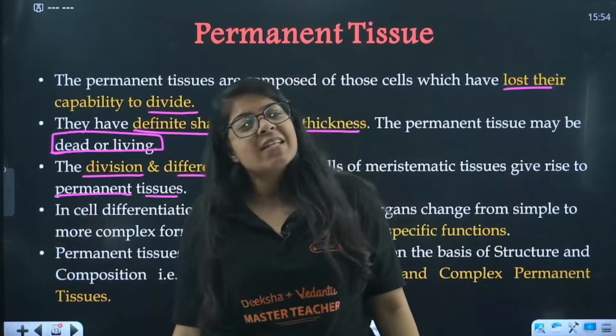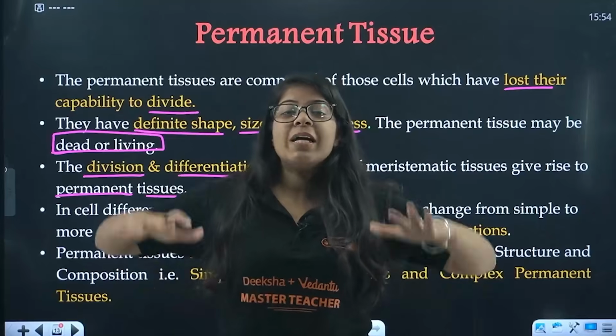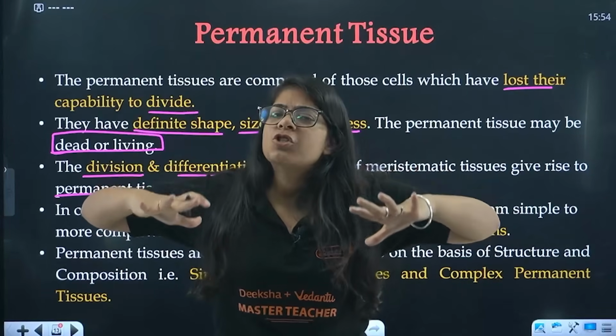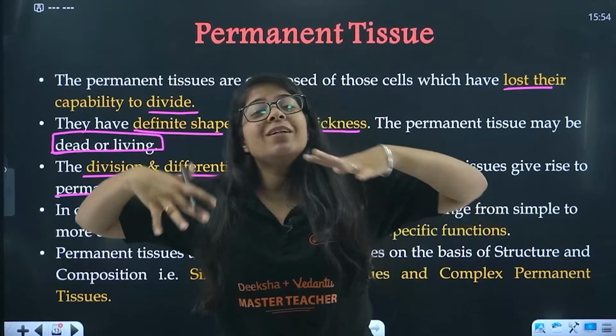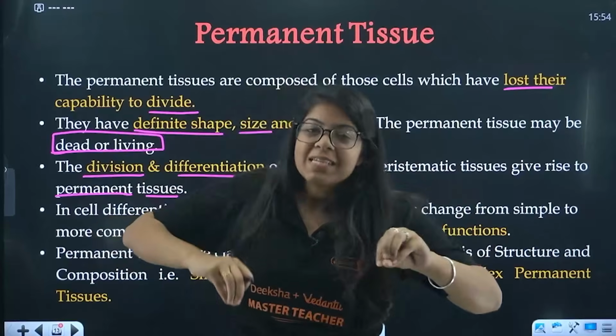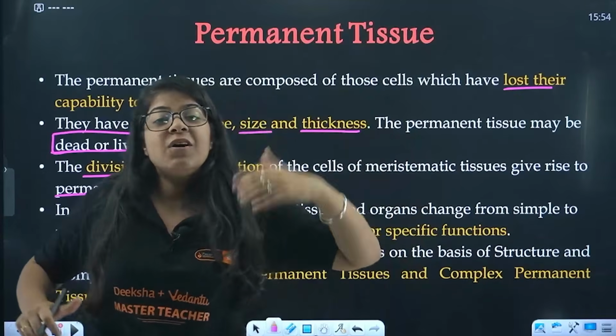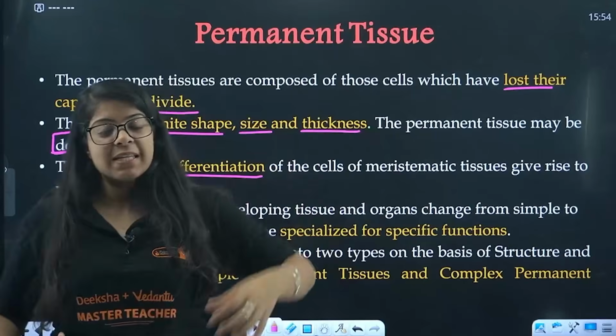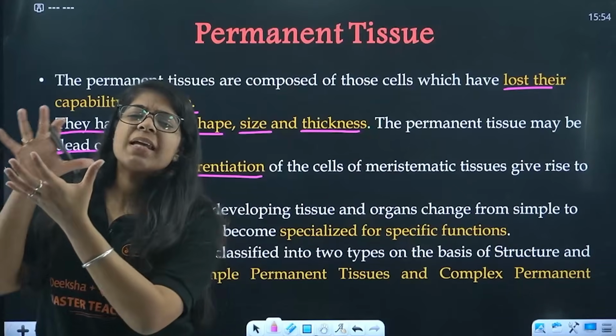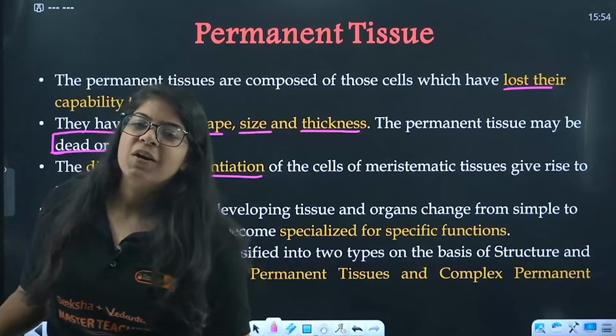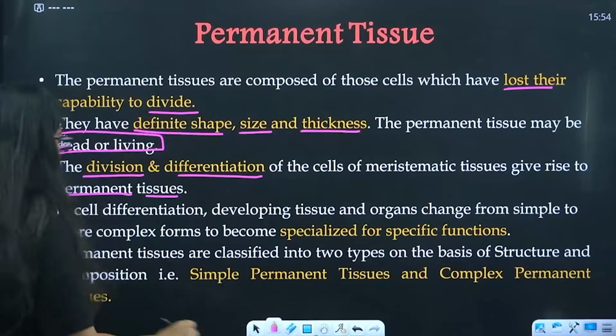You can say that when I was growing, I was a meristematic tissue. Then I stopped, and I converted into permanent tissue. So basically, meristematic tissue over a period of time converts into permanent tissue. That means it grows first, and then after some time it stops growing and converts to permanent tissue.